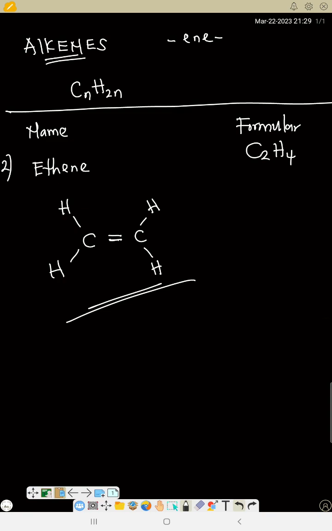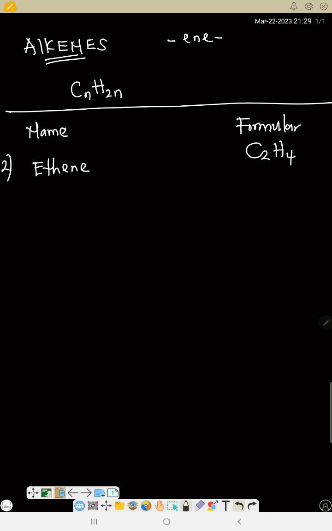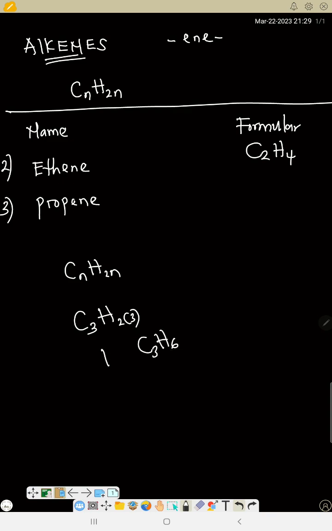So let's see the next one, prop. That is for 3 carbons. So propene. Again, CnH2n, that will be C3H2 times 3, that will be C3H6. That means propene is C3H6.